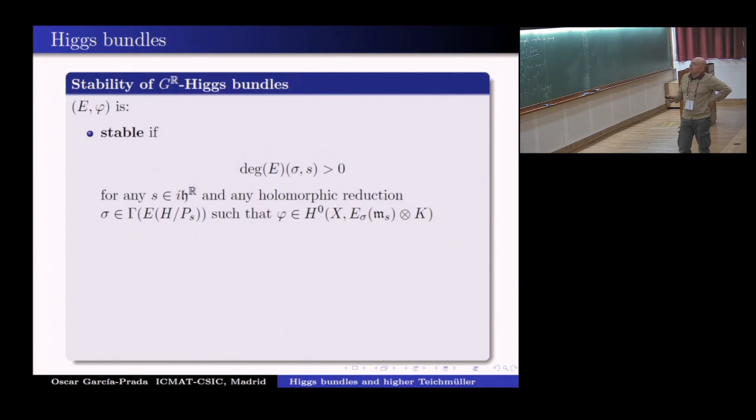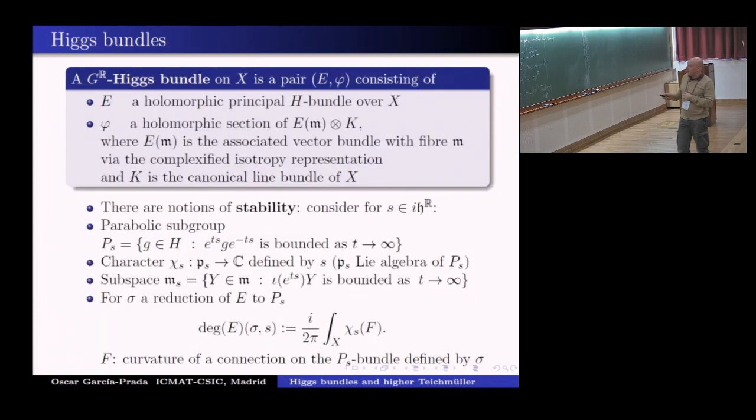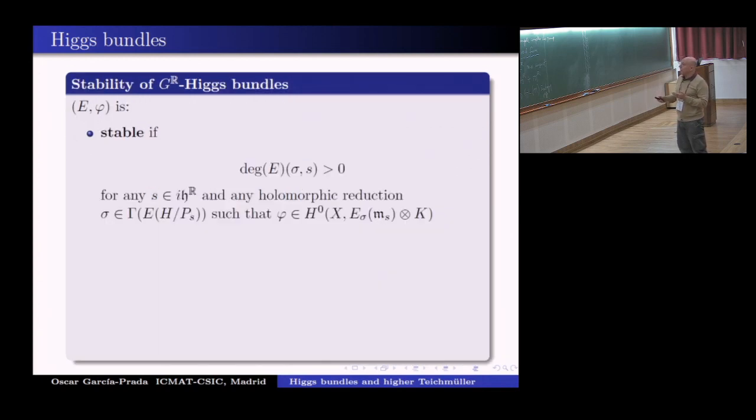You say that a Higgs bundle is stable if for any reduction σ and for any s such that φ belongs to this bundle, so it's in M_s, remember that M_s defined some linear subspace of M, then for those reductions for which this happens, the degree must be bigger than 0. So this is stability.